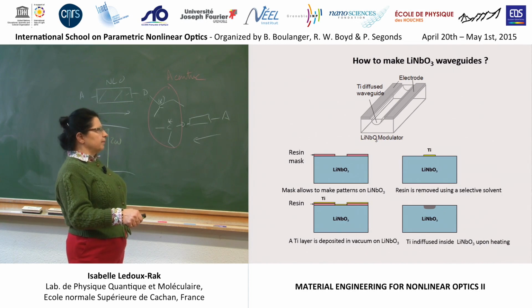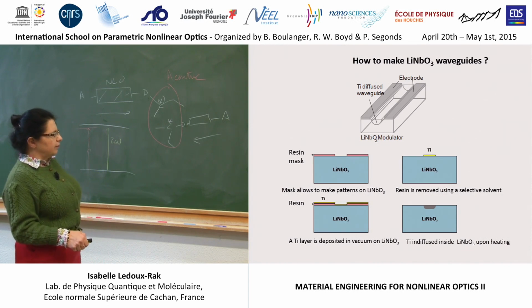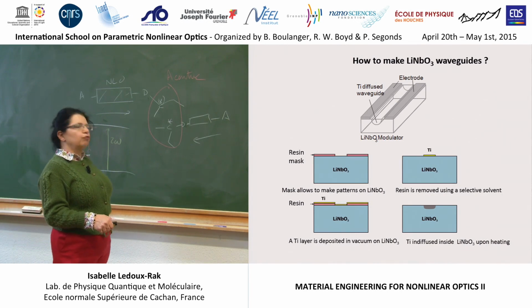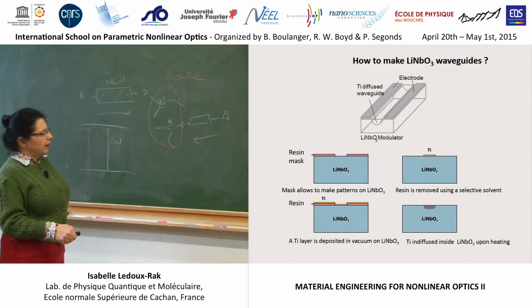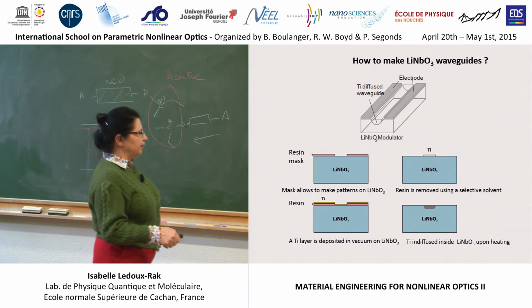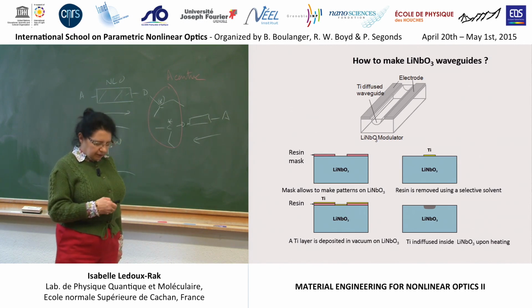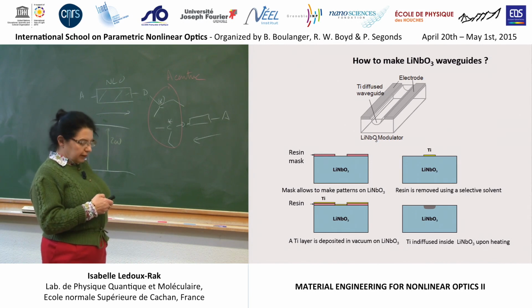So titanium is kept only on this domain. And upon heating, titanium atoms will diffuse inside the material, and usually the diffusion is limited. After cooling, titanium atoms will not move anymore, and only this small part will display a higher refractive index than the surroundings, resulting in a strong confinement.